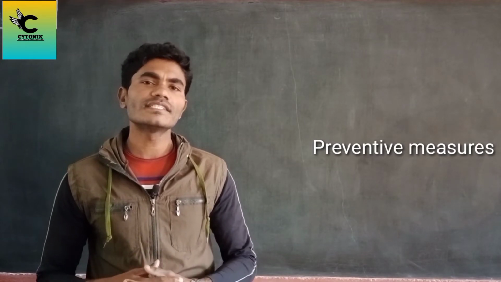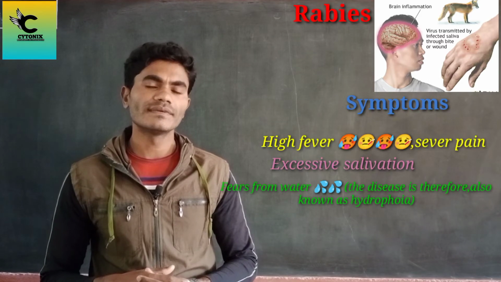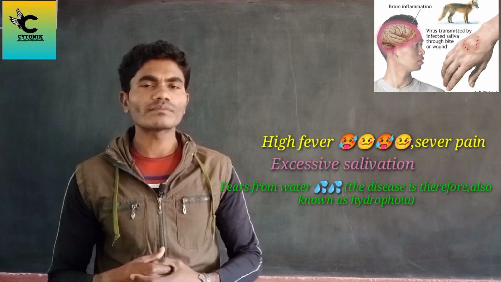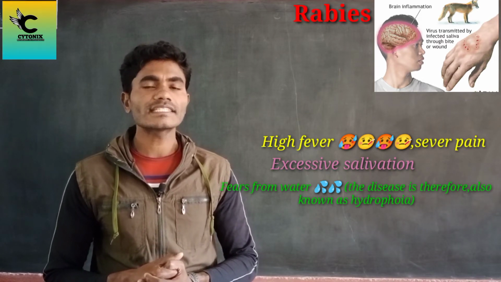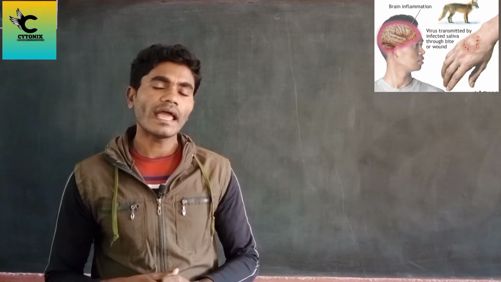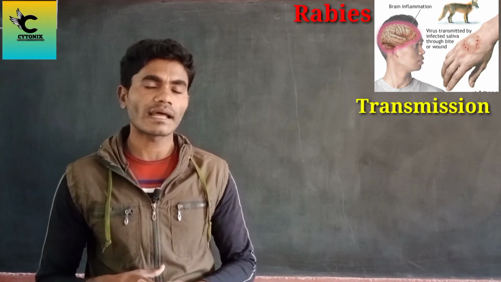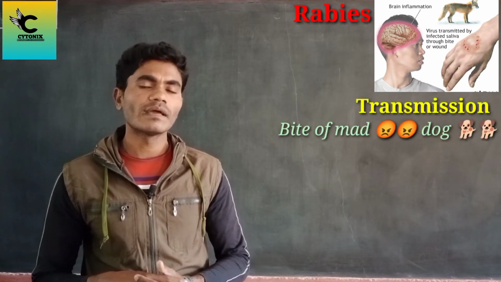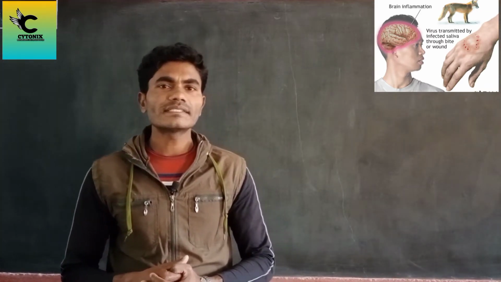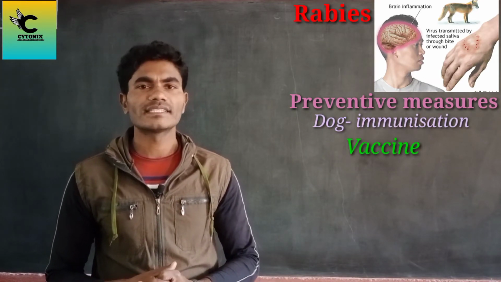Next, the fifth disease we will see is rabies. It begins with fever and fear of water, and this type of disease we therefore call hydrophobia. The mode of transmission is the bite of a mad dog. General prevention of rabies is dog immunization or vaccinations.